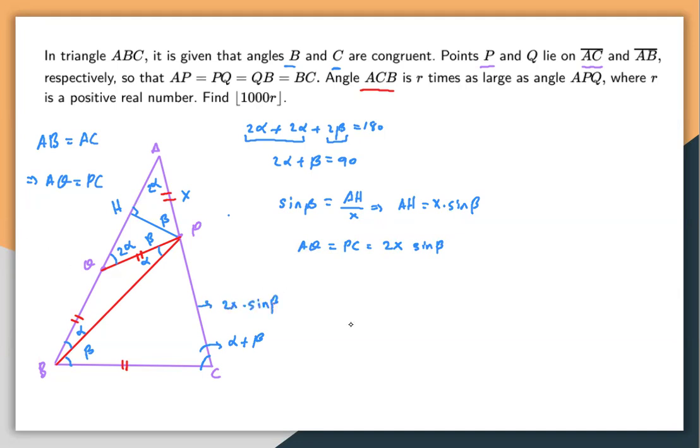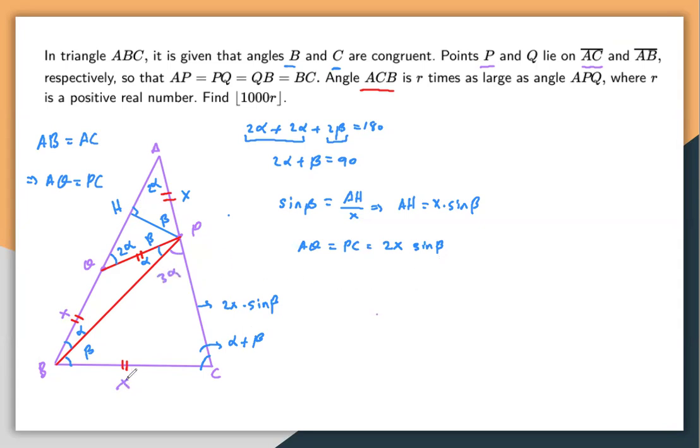Now I'll write the law of sines. This side was X, so CP is X, QB is X, and BC is also X. I don't know this angle, but that's already known: 2 alpha is the interior angle, which means this angle will be 3 alpha.